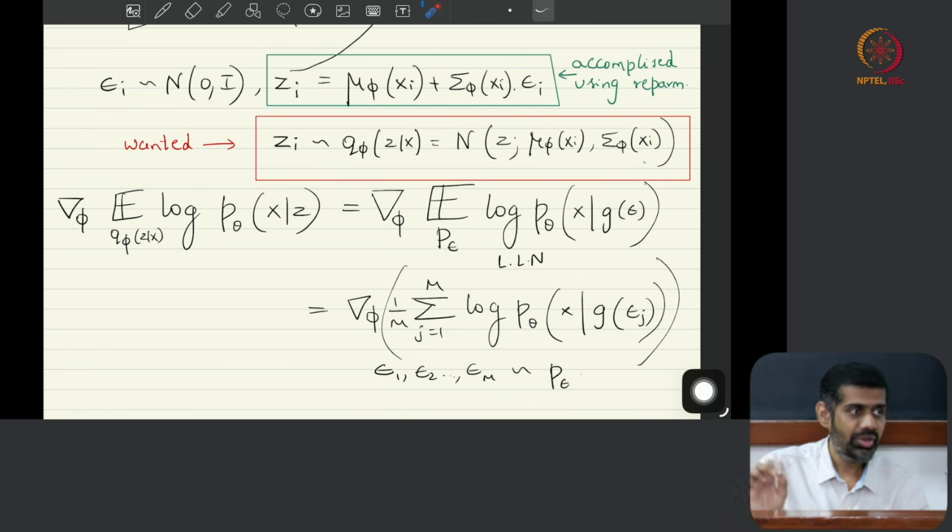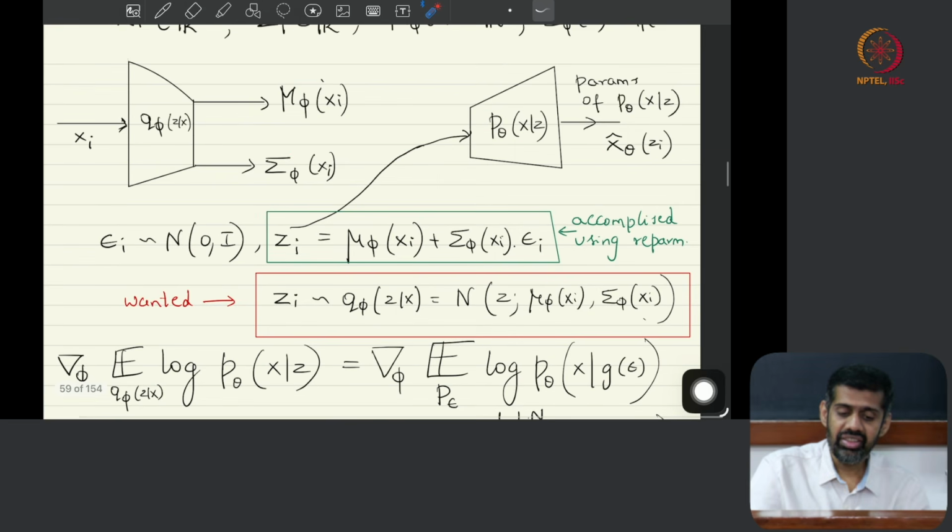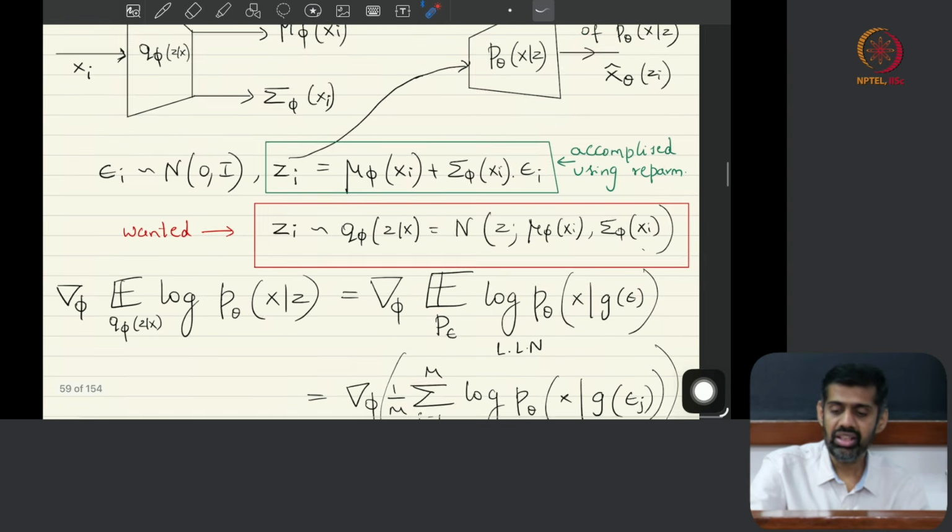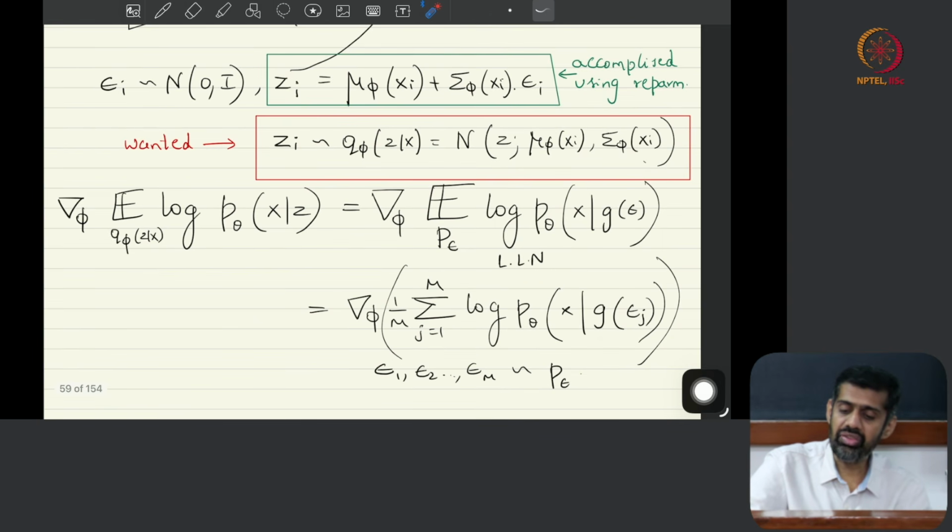You understand? So now what is happening is that for the same xi, we sample multiple epsilons, and every time we get an epsilon, we get a zi, pass all those zi's through the decoder network to compute log of p theta of x given g of epsilon j, and then you compute this sum.